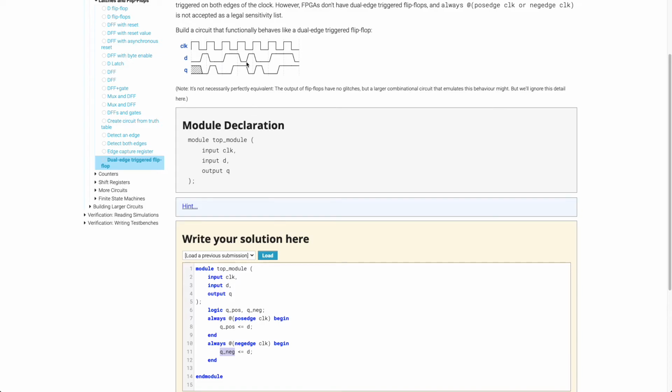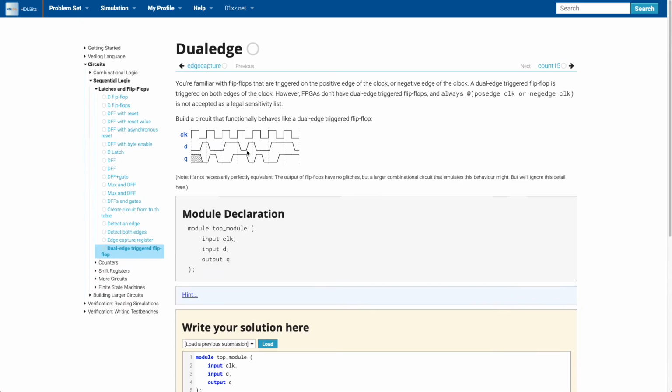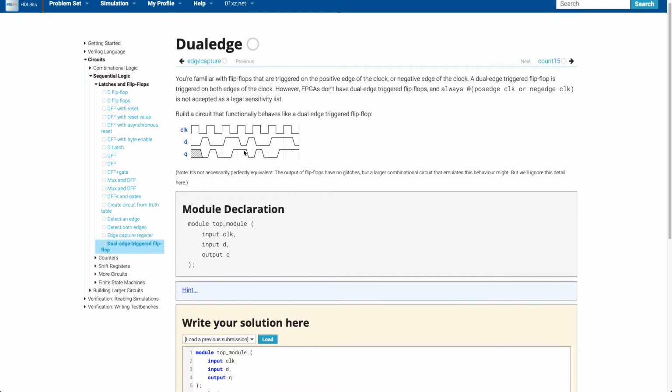Like if I go to 0 here, then Q pos would still be 1, but Q neg would be 0. Interesting.